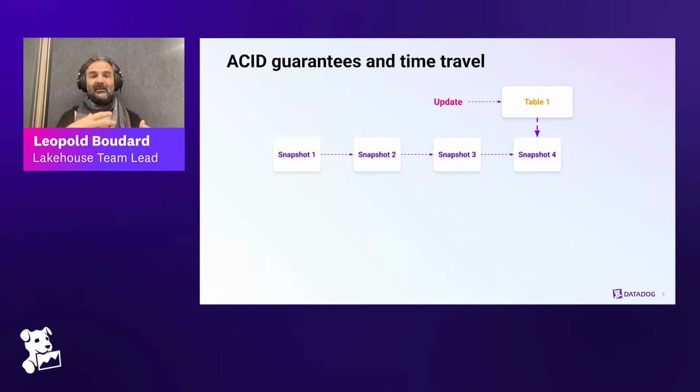To explain that, Iceberg gives atomicity on reads. That means that every query will run against an immutable snapshot and never see a partial commit.